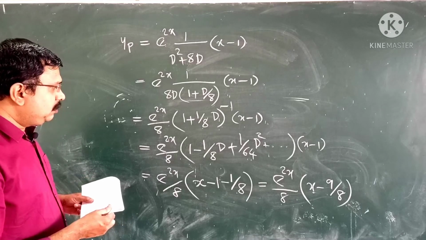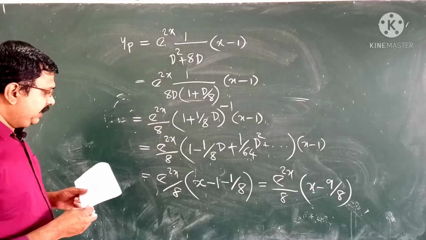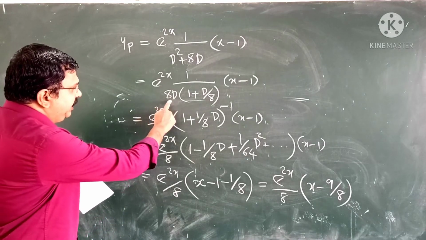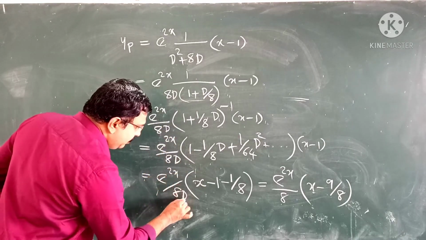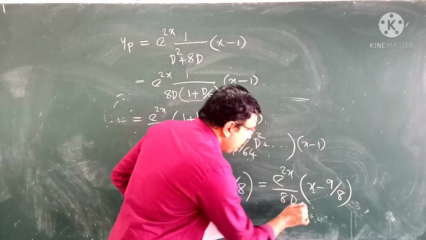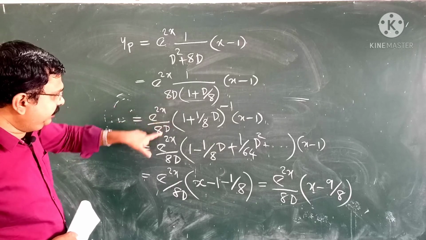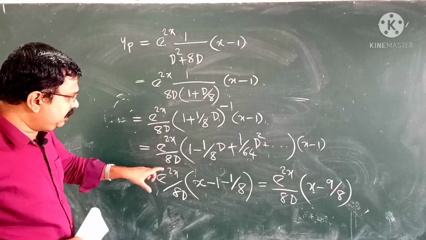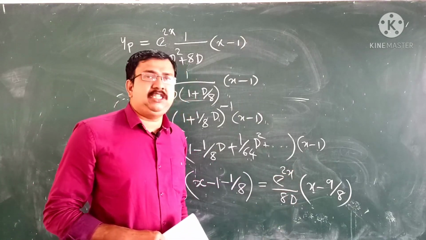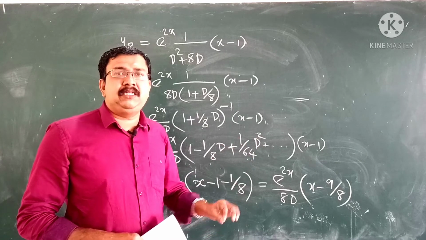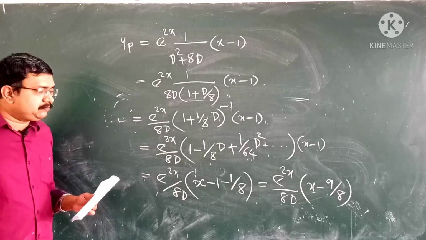Then remember that another important thing is there. Here, listen, here is a D, 8 into D, D is here, very important. Here is 8D; D is missing in the bracket, but now it is clear. We know what is 1 by D? 1 by D means taking the integration.